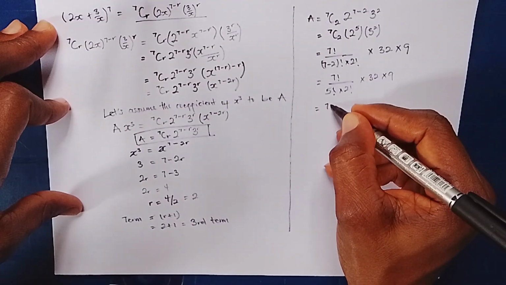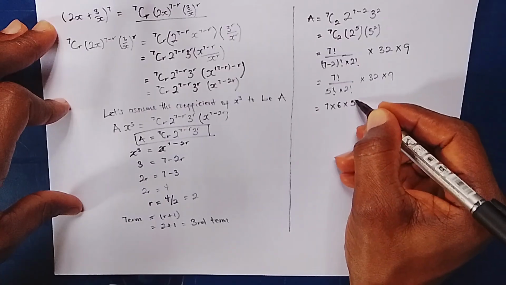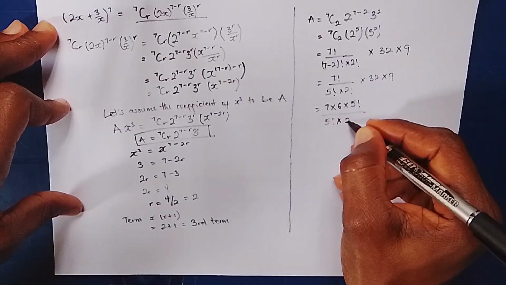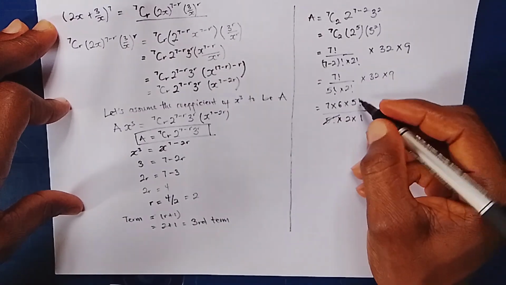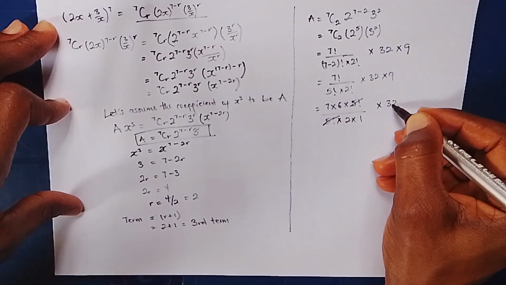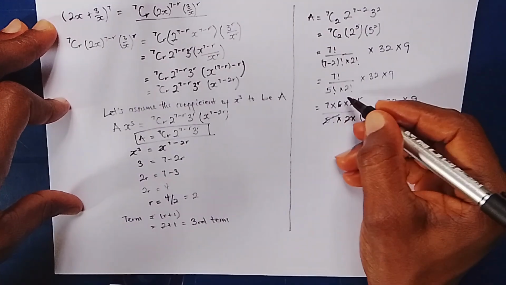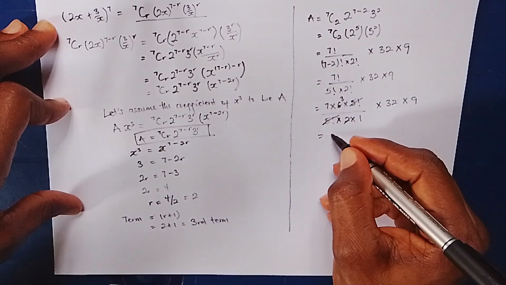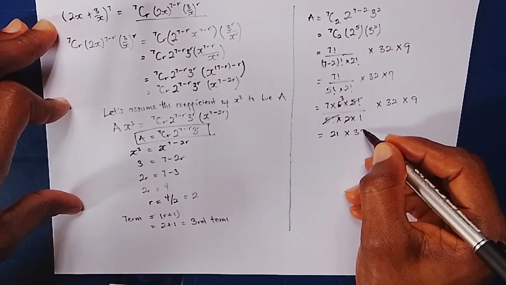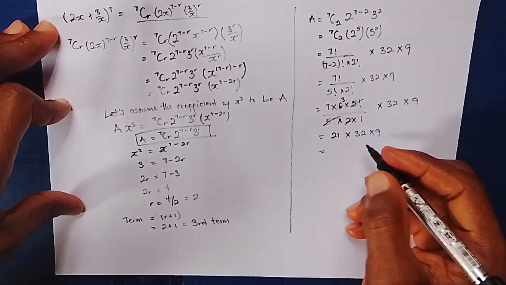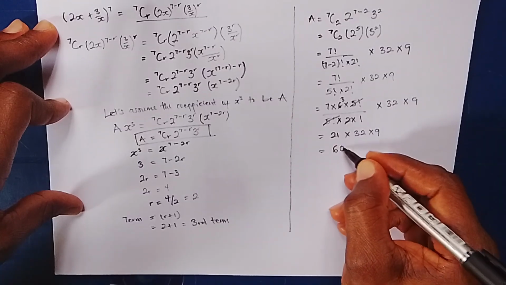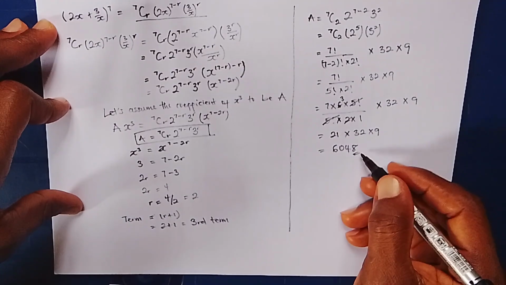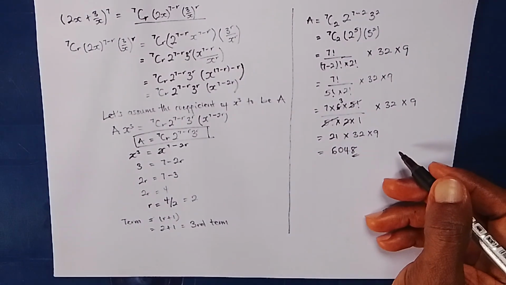So 7 factorial is 7 times 6 times 5 factorial, over 5 factorial times 2 times 1. We cancel 5 factorial here. All of this is times 32 times 9. 2 here, we cancel 6, we divide 6 to give us 3. So what we are left with is 7 times 3, so we have 21 times 32 times 9. By the time you multiply this, you have 6048. So the coefficient of x cubed is equal to 6048.